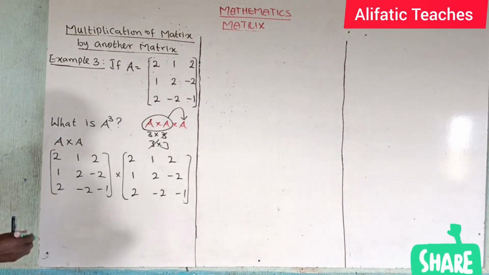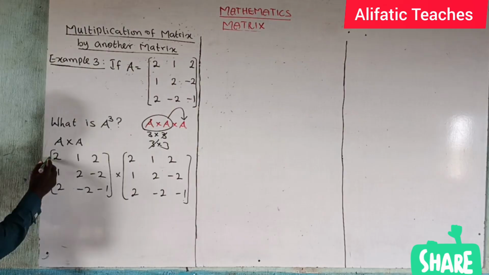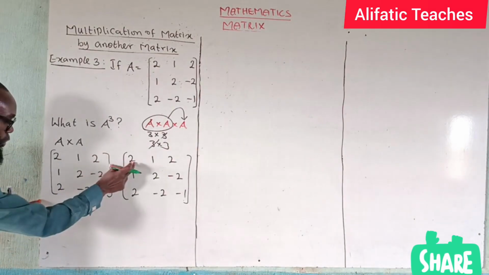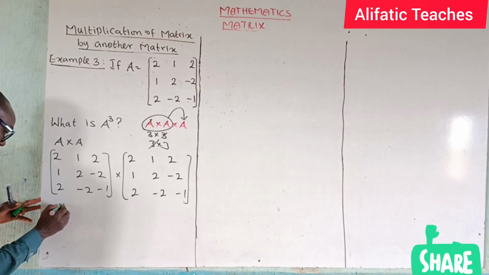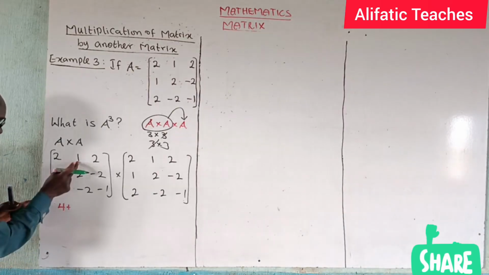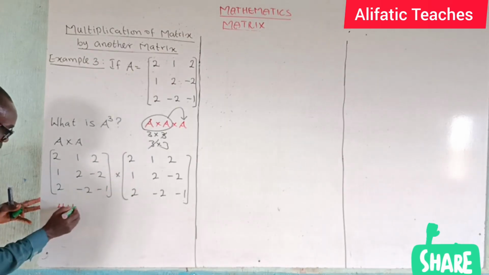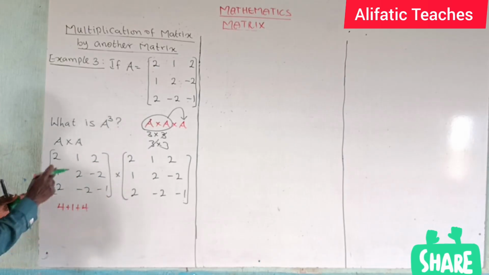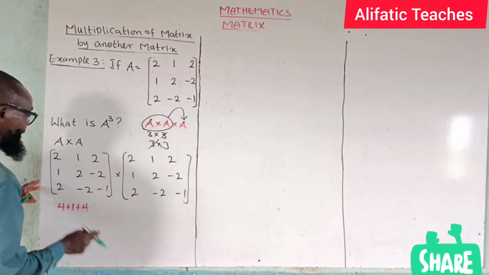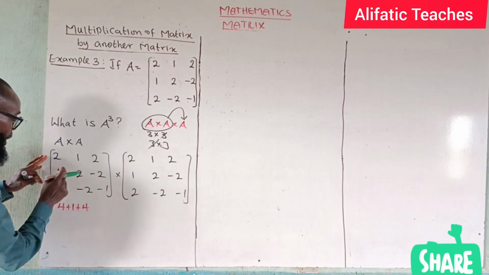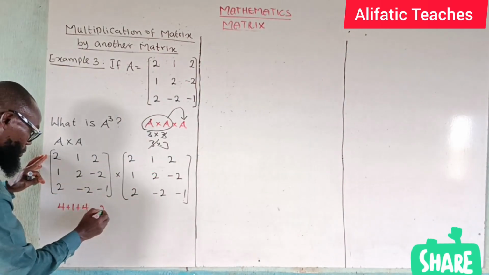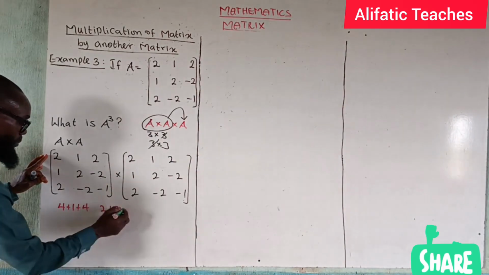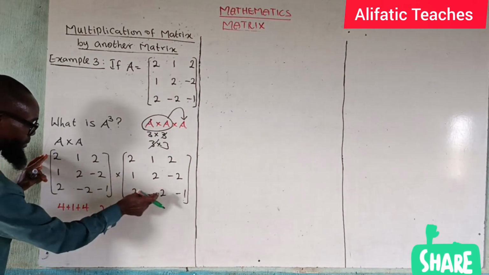Now, let's multiply this. First row, we multiply first column. 2 times 2, I have 4 plus 1 times 1, 1 plus 2 times 2, 4. I'm done with first row, first column. Then first row, second column. 2 times 1, 2 plus 1 times 2, 2 plus 2 times minus 2, minus 4.